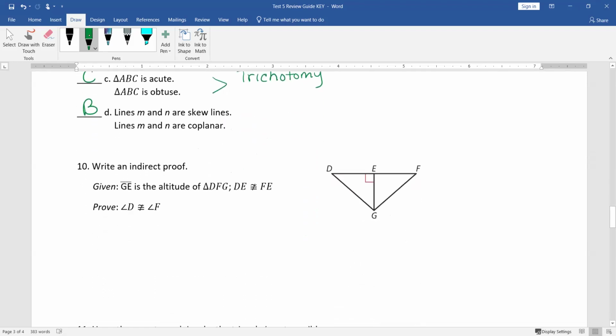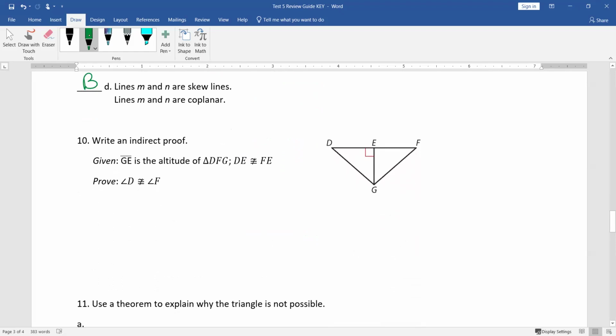Okay, let's practice writing an indirect proof. Given that GE is the altitude of triangle DFG and DE is not congruent to FE, prove that angle D is not congruent to angle F. So the first step of an indirect proof, we assume the opposite of our conclusion. That's our conclusion.